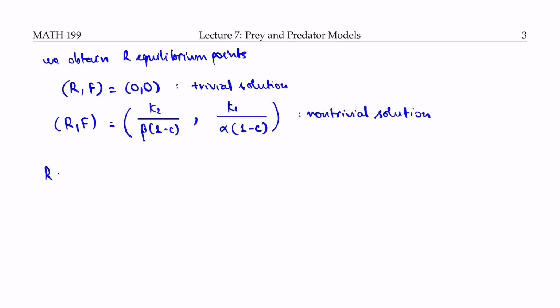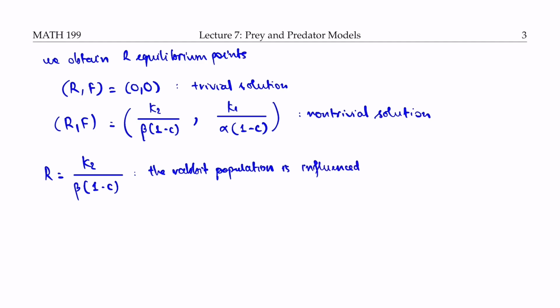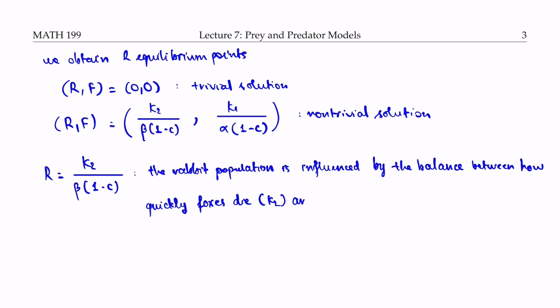So the rabbit population is influenced by the balance between how quickly foxes die at the rate of k2 and how efficiently they grow from consuming rabbits.